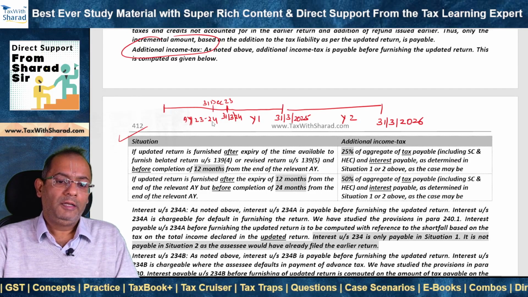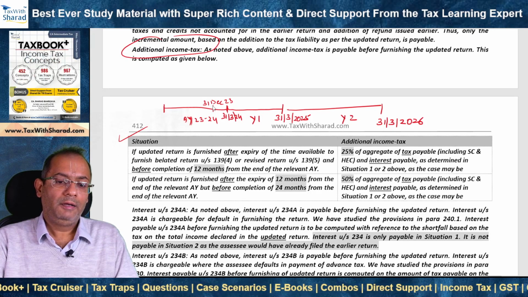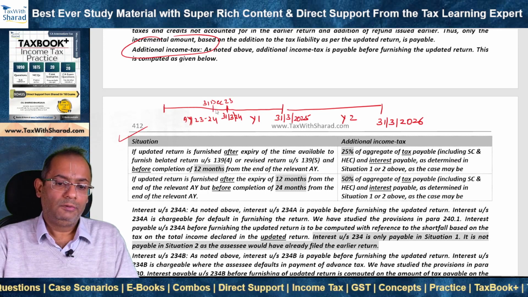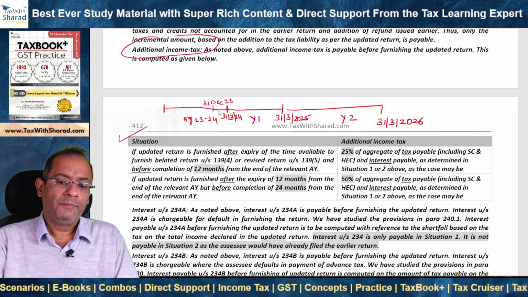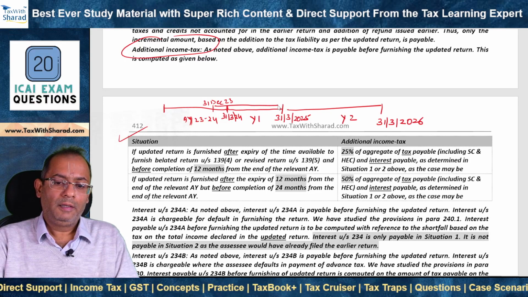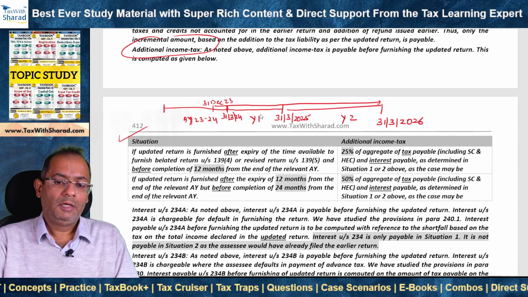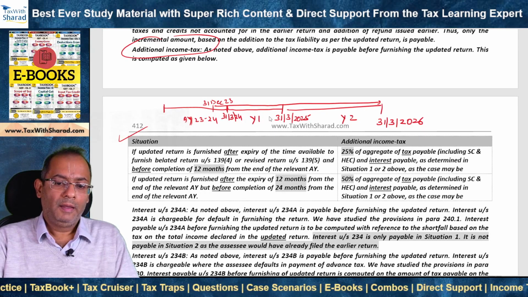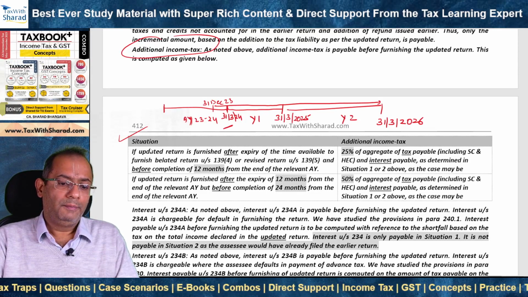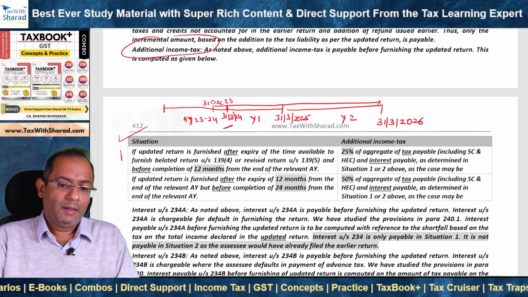So assessment year 23-24 ends on 31st March 24, and the last date for filing a belated or revised return is 31st December 2023. And beyond this, an updated return can be filed. So an updated return can be filed up to 31st March 2026, which is 24 months from the end of the relevant assessment year.